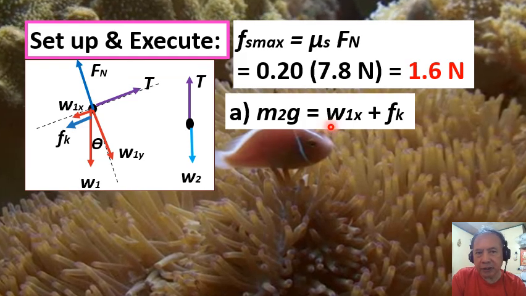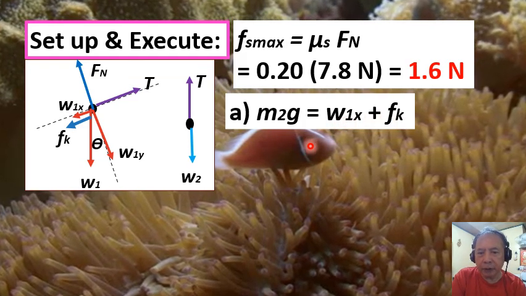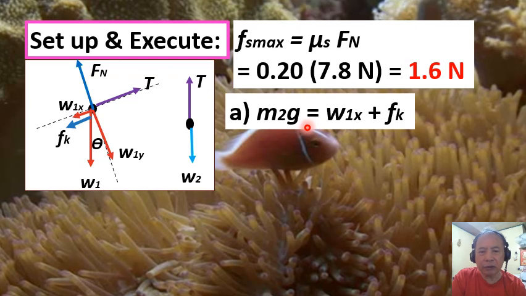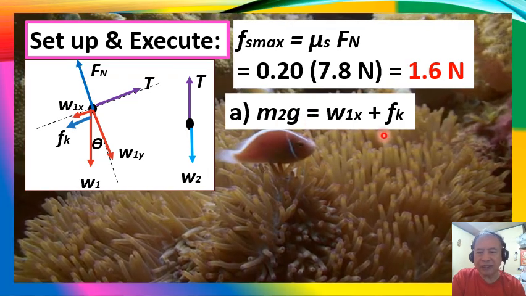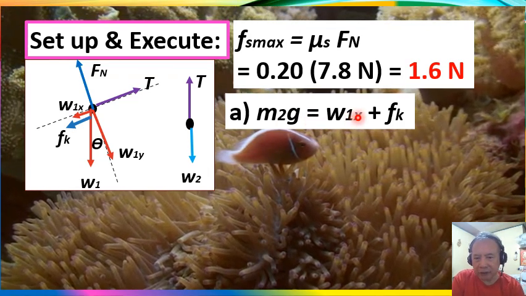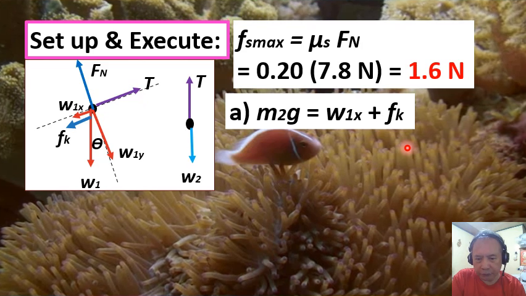But since they are in dynamic equilibrium, there will be no net force acting on the two blocks or on the system. So F net equals 0.